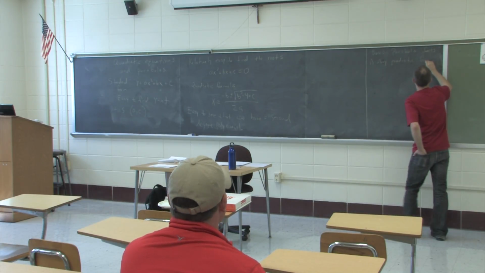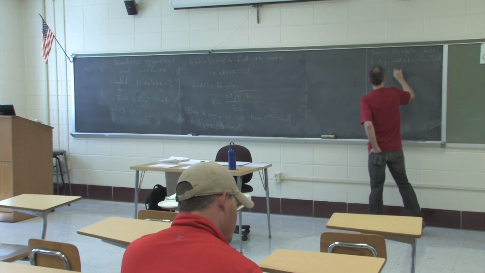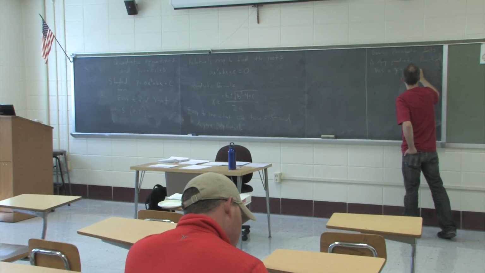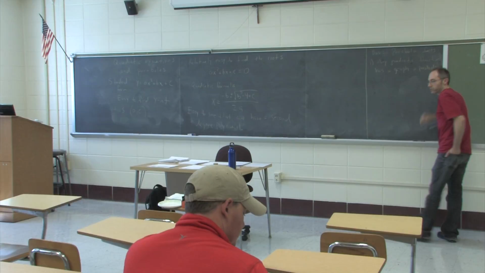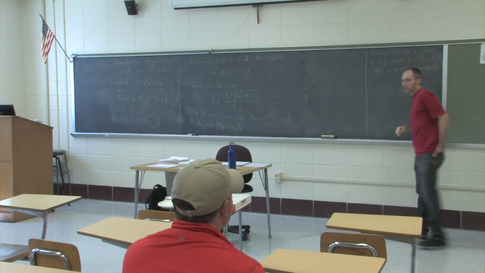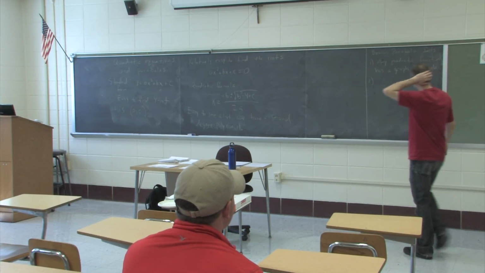Any quadratic function has a parabola as its graph. How do you know if it opens up or down? You look at the leading coefficient, right?